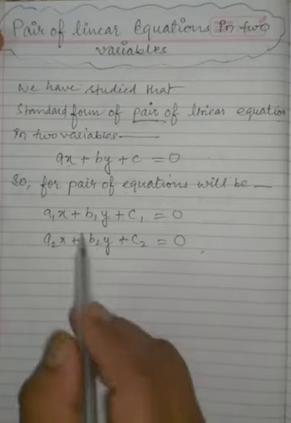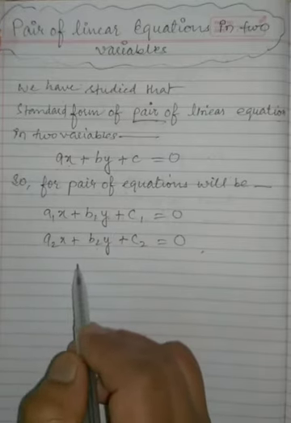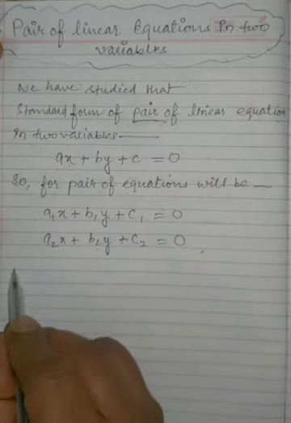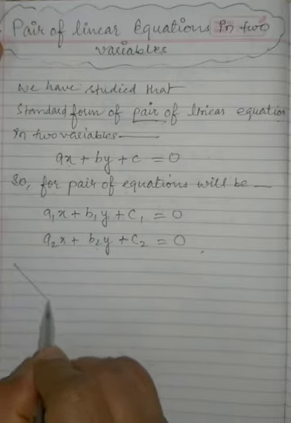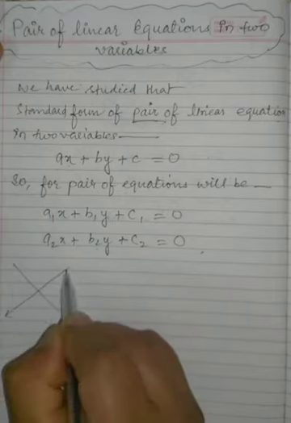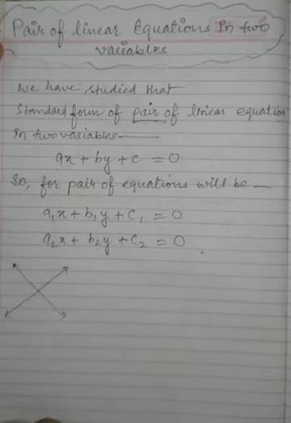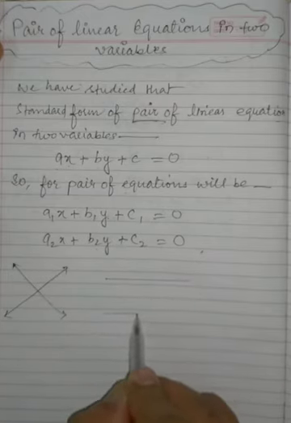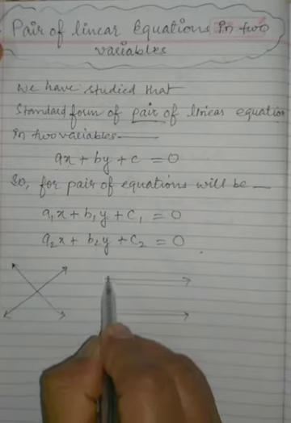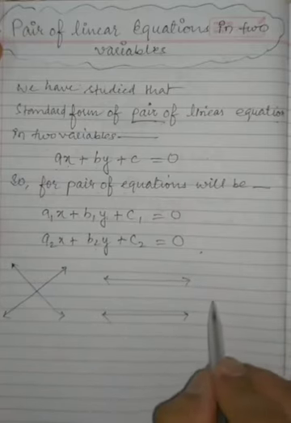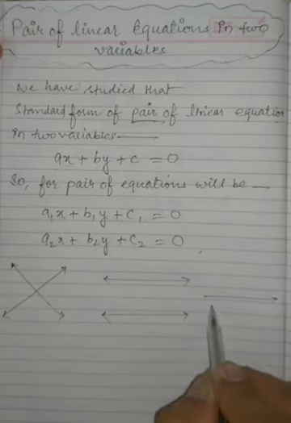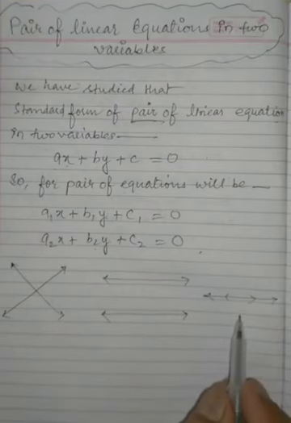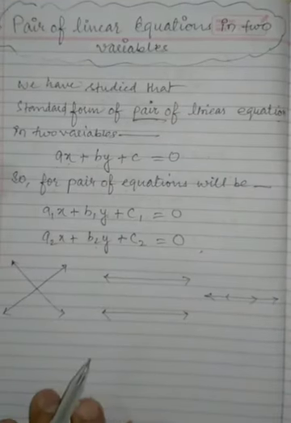So children, you can see here that if you draw two straight lines, then three things are possible. Either both the lines can intersect each other, or both the lines can remain parallel to each other, or both the lines can coincide with each other if they are drawn on the graph with their solutions.